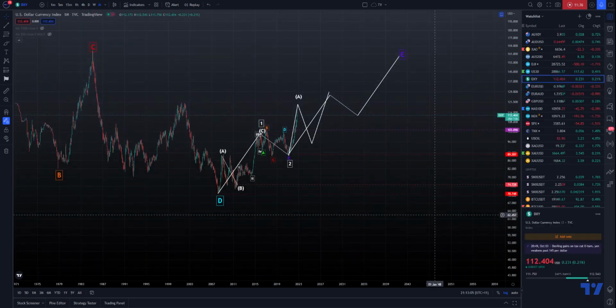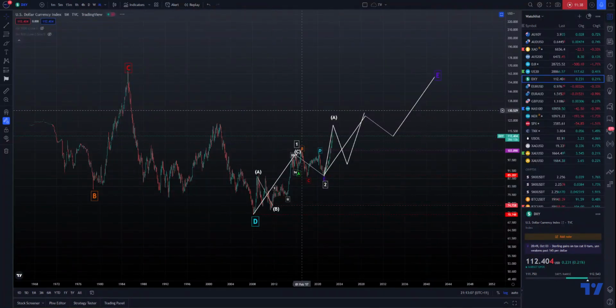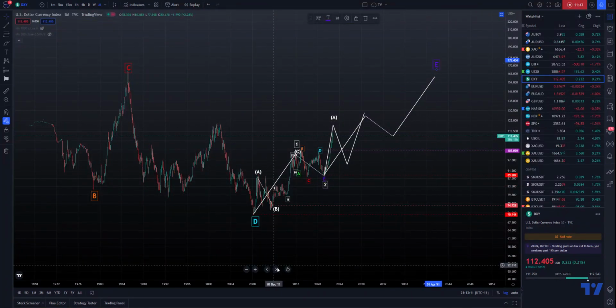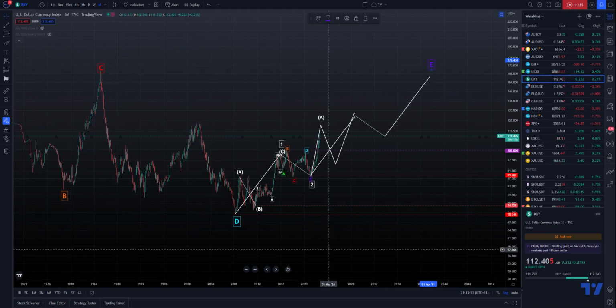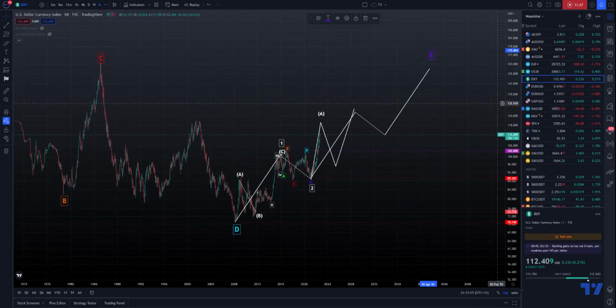All right, the same thing in reverse is happening here, right? And for me, this is particularly curious because if the US dollar is in a wave E up higher, well, that really does align pretty well with interest rates and the bond yield.